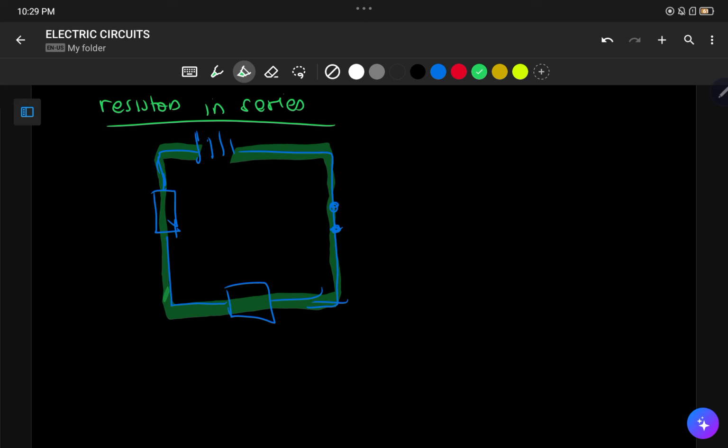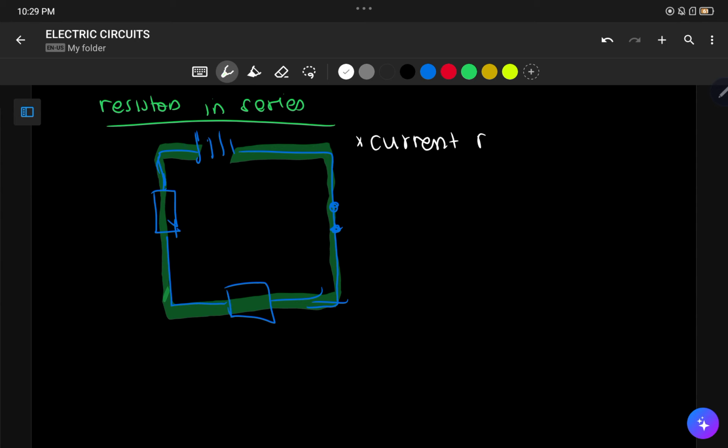By virtue of this illustration, you can see there was never another pathway where the current had to flow differently. So we say that they are in one pathway, and as they are in one pathway, the current remains the same.